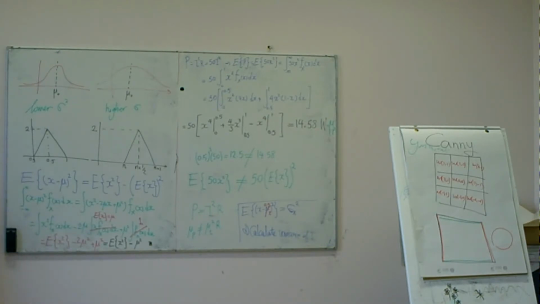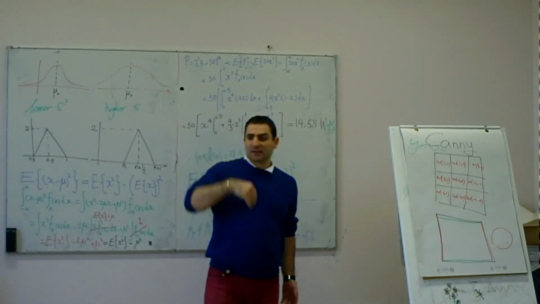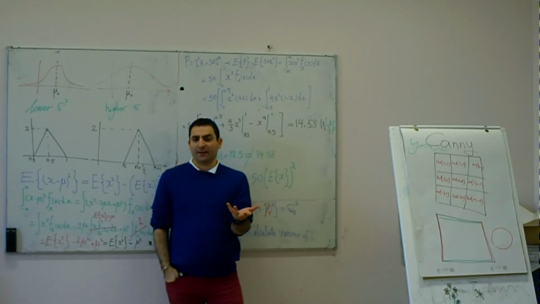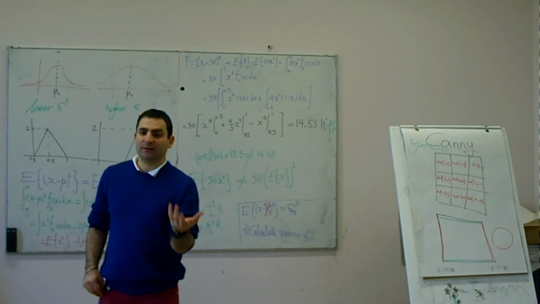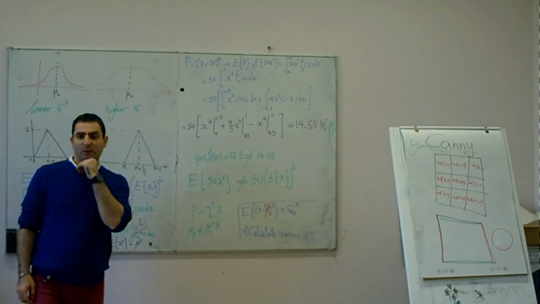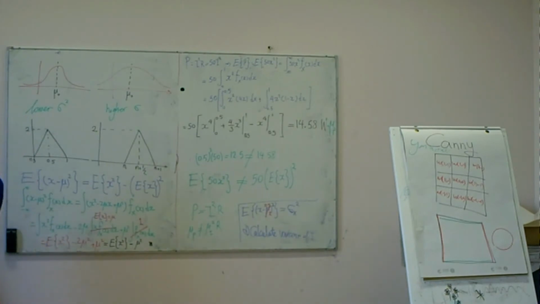Now, in the example that we solved, we saw that when we are calculating the power, it was I squared R, and I was a random variable. And we saw that if we calculate a square of a random variable, it doesn't mean that the expected value will be a square. But let's see some properties of these expected values.